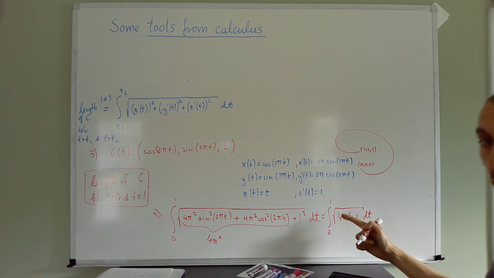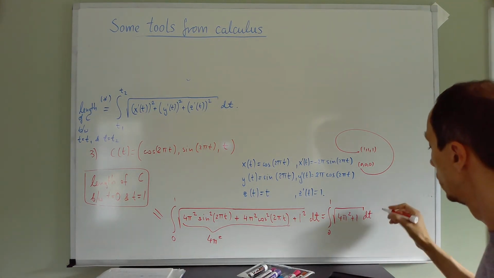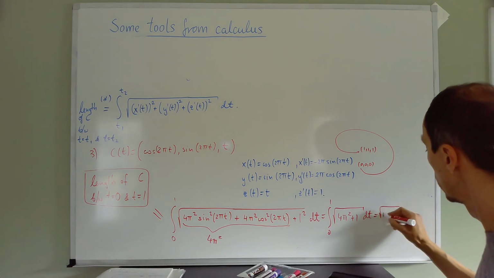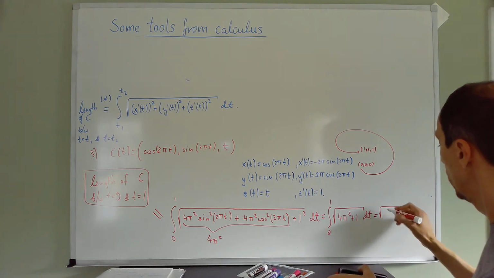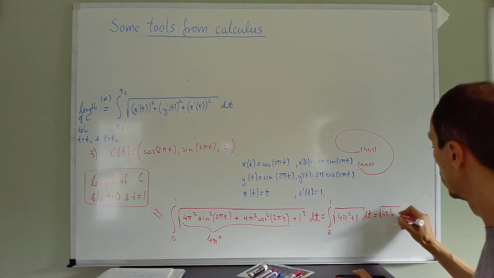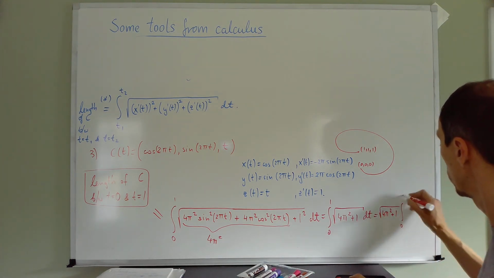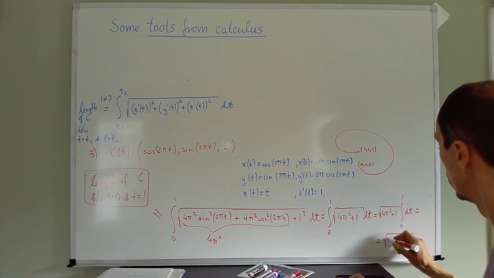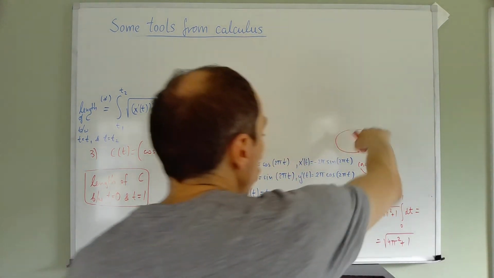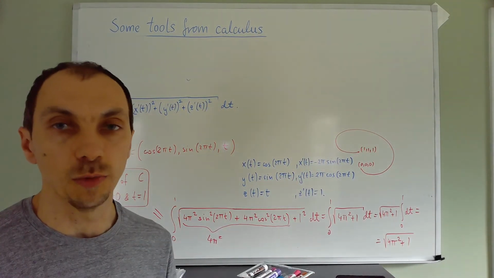And we're lucky here because this is a constant, so I can take it out. And I get the square root of 4 pi squared plus 1, times the integral from 0 to 1 of dt, and that integral is 1. So the length of that one revolution of the spiral is the square root of 4 pi squared plus 1.